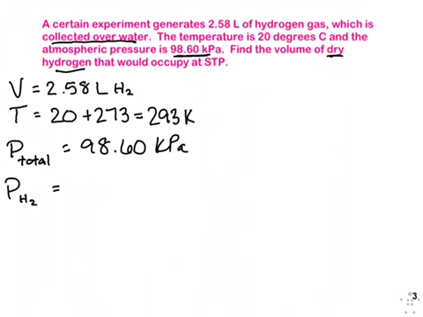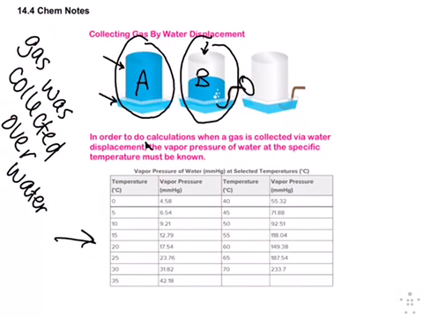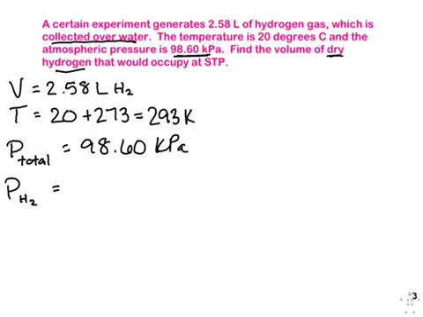So to figure out your partial pressure of hydrogen, you have to subtract out the pressure of the water vapor. So you look back on the table from this previous slide, and you look at 20 degrees Celsius, and it wants your vapor pressure. So our vapor pressure of water is 17.54 millimeters of mercury. So pressure of the water is 17.54 millimeters of mercury.